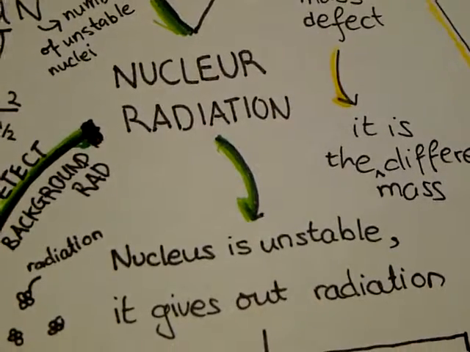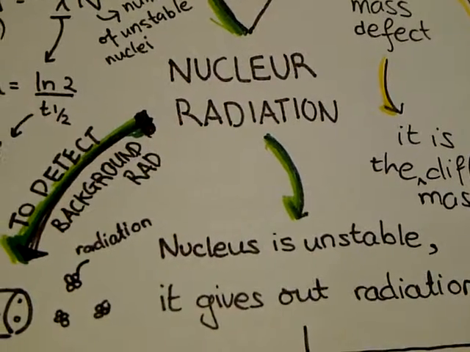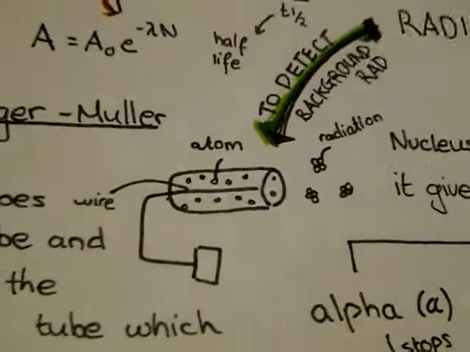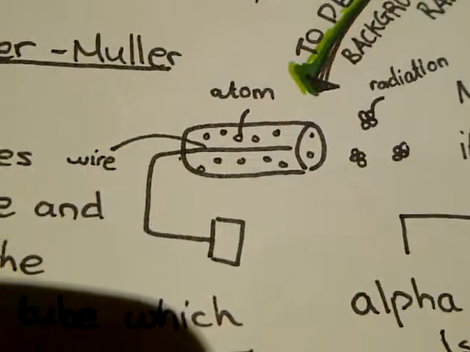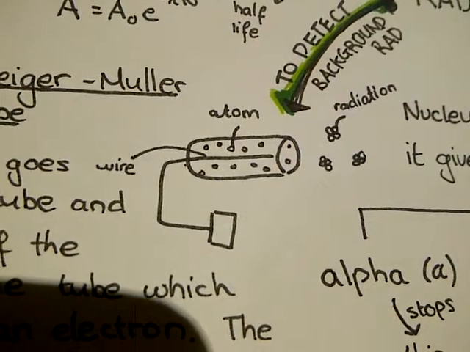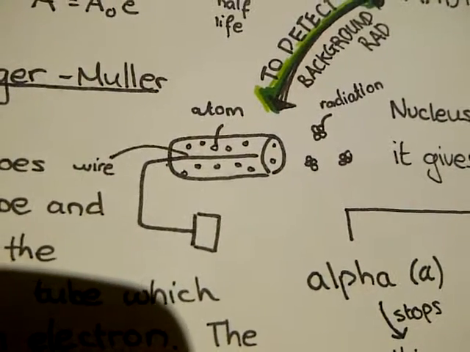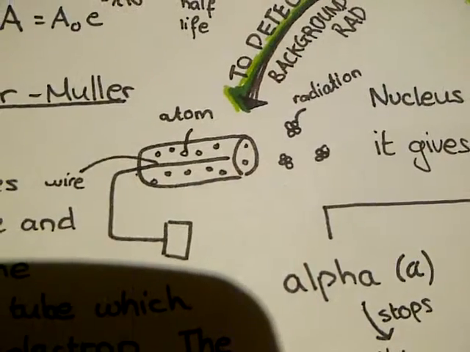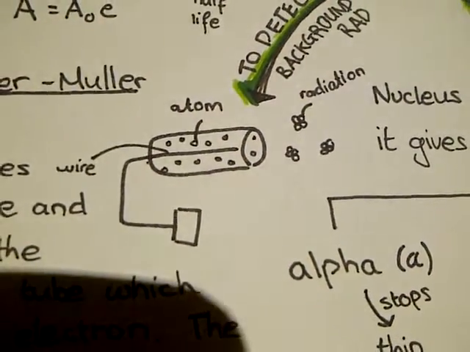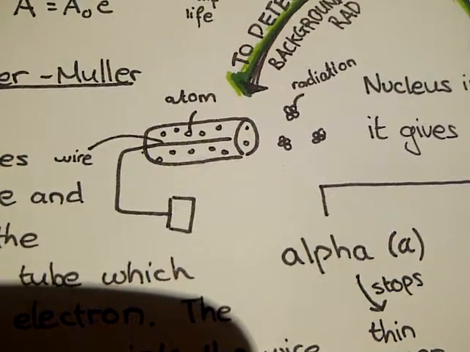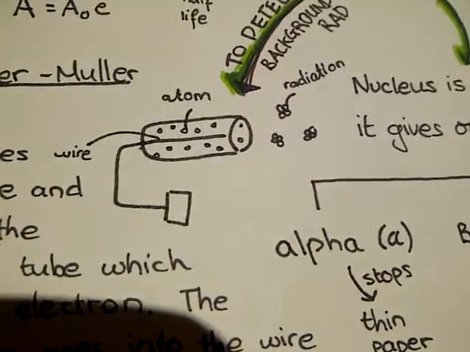To detect background radiation, you would need to use a GM tube, where the radiation goes into the tube and hits one of the atoms in the tube and gives out an electron, and the electron goes into the wire inside the GM tube, which gives a current, and this current gives the amount of radiation there is.